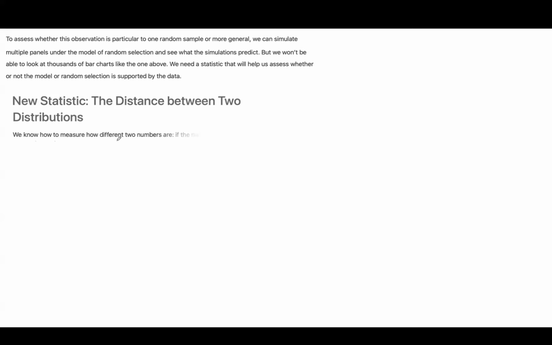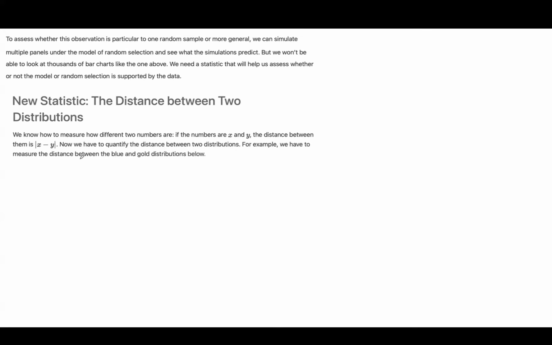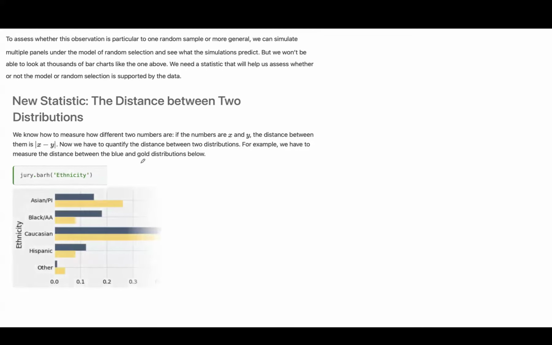We know how to measure how different two numbers are. You basically find the distance, or the absolute value, between those two numbers. Now, we have to quantify the distance between two distributions. For example, we have to measure the distance between the blue and gold distributions. Let's take a look at our visualization. What is the distance between these two?